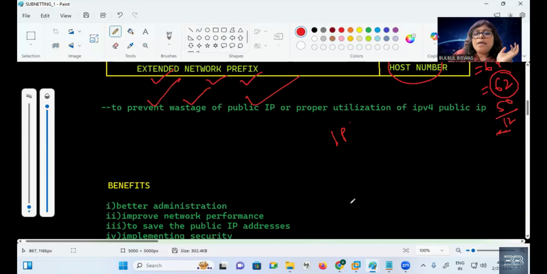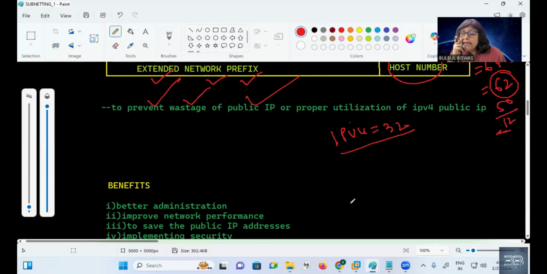Actually IPv4 is 32-bit, and when it came into the picture in the world, the scientists or researchers could not predict what the world's network infrastructure would be, what it is nowadays. So they could not foresee that the network would be so large. So what happened, after some time, there is a lack of IP addresses in the industry.